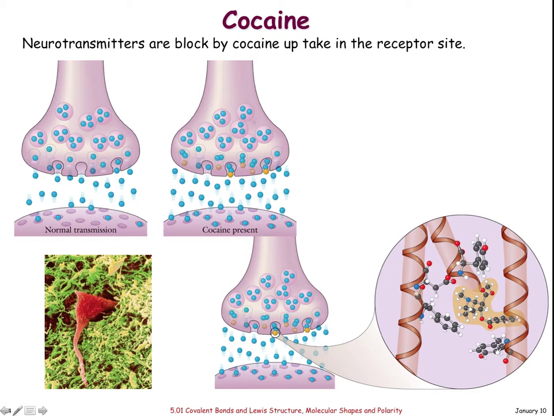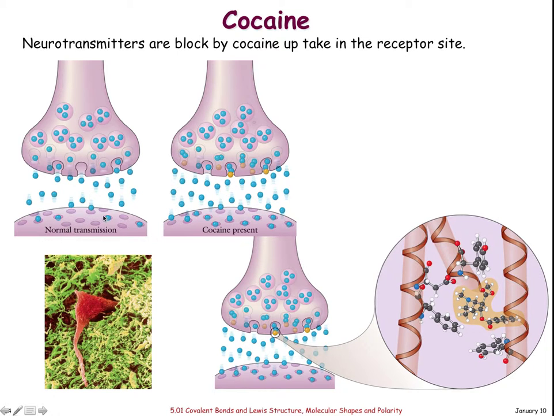Now, cocaine was a drug of the 80s. People would take cocaine because it basically heightened their senses. And the way it did that was because of the neurotransmitter in your central nervous system in your brain.